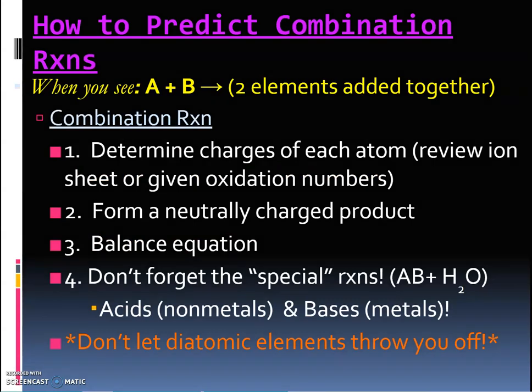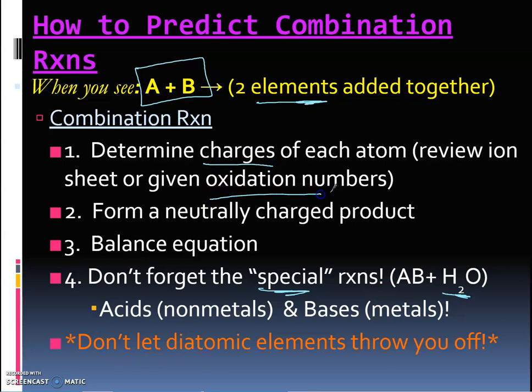All right, when you see two things on the left-hand side together, and it's usually going to be two elements, or you have your special reactions where you have a compound and a water molecule, figure out what your charges are of each one.